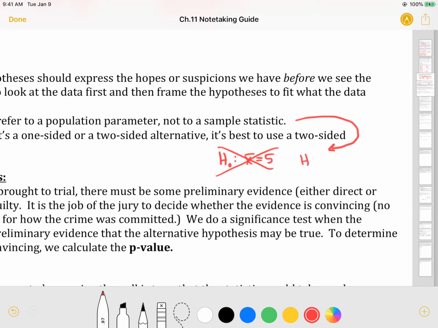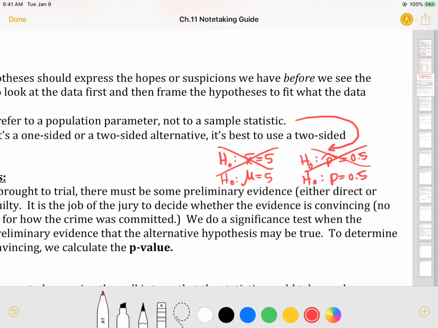Or I do not want to see H0: p hat is equal to, say, 0.5. That's a statistic. We want to use parameters. So instead, I want to use the null. Instead, I want to say mu is equal to 5, or I want to say p is equal to 0.5.